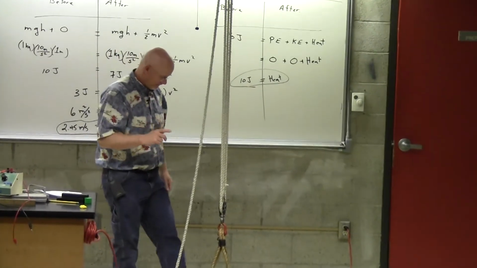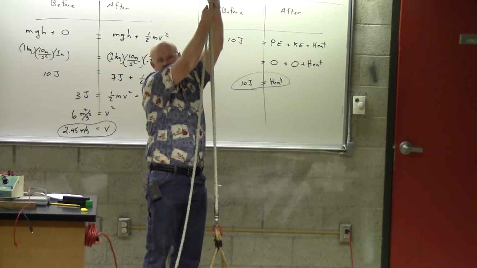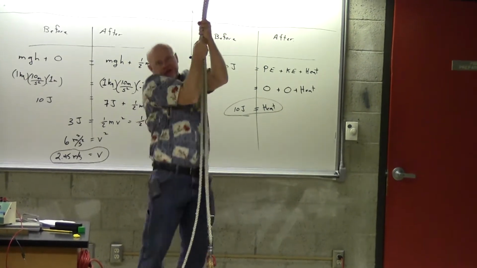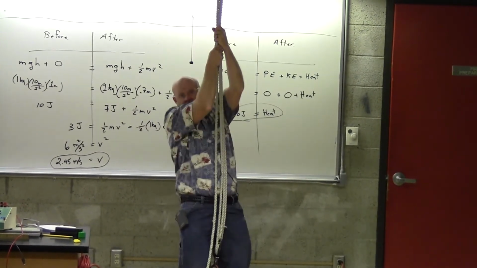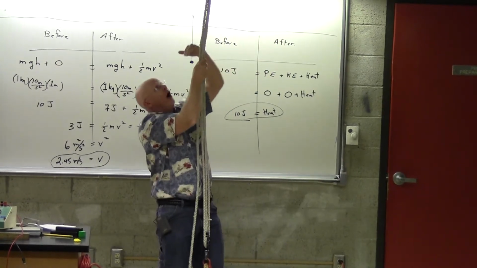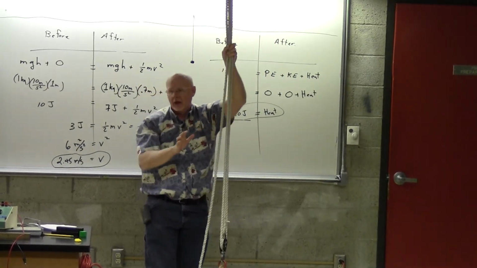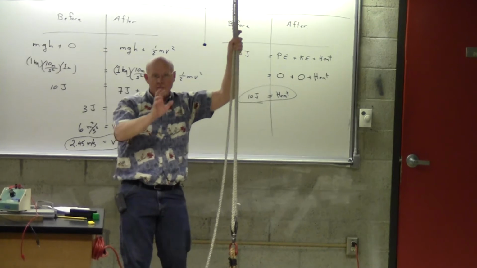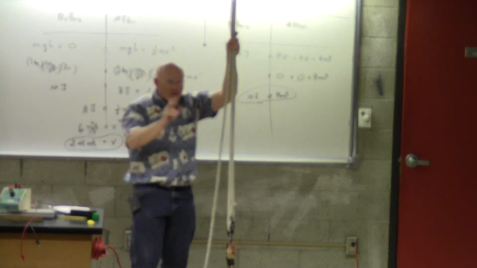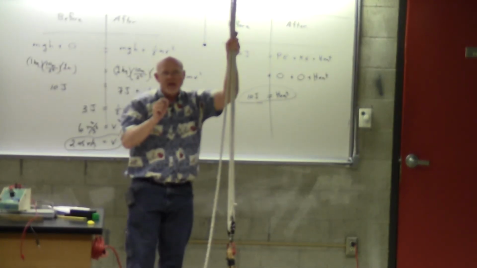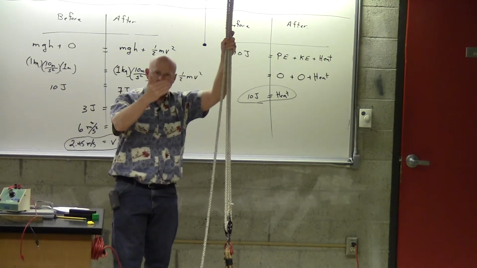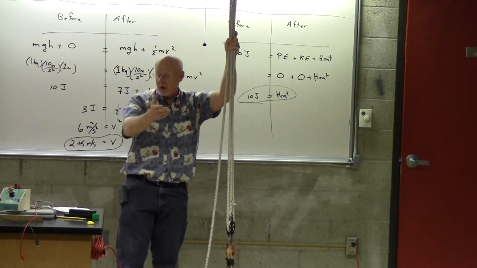Option 1 is pull with 750 newtons all the way to the top, which I don't think I can do anymore. I'm too old. But the other option is to reduce the amount of force by a factor of 4.